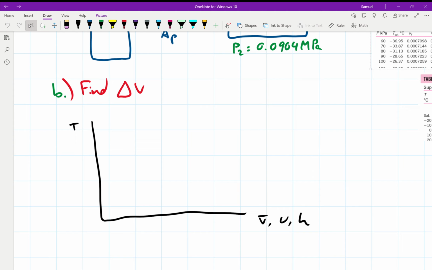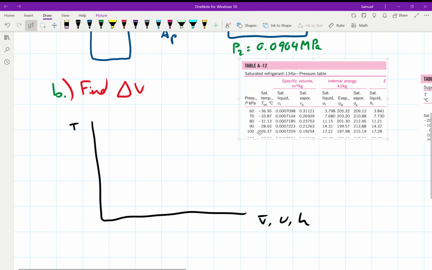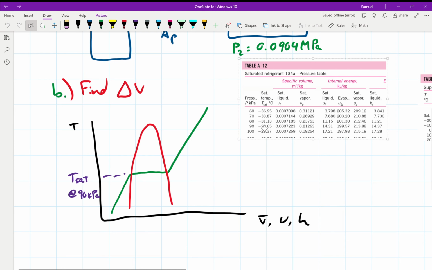And the number that we're going to be looking at here is for 90 kilopascals. And this is where table A12 comes in. When we are at 90 kilopascals, the temperature that we're going to be looking at for saturation is negative 28.65.